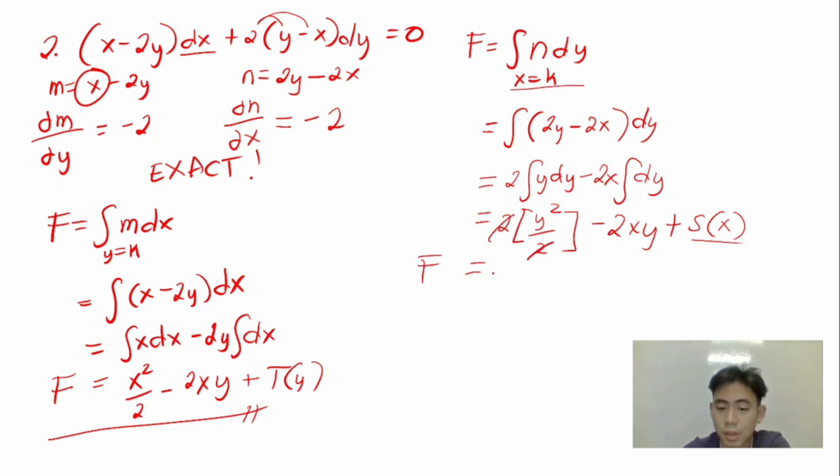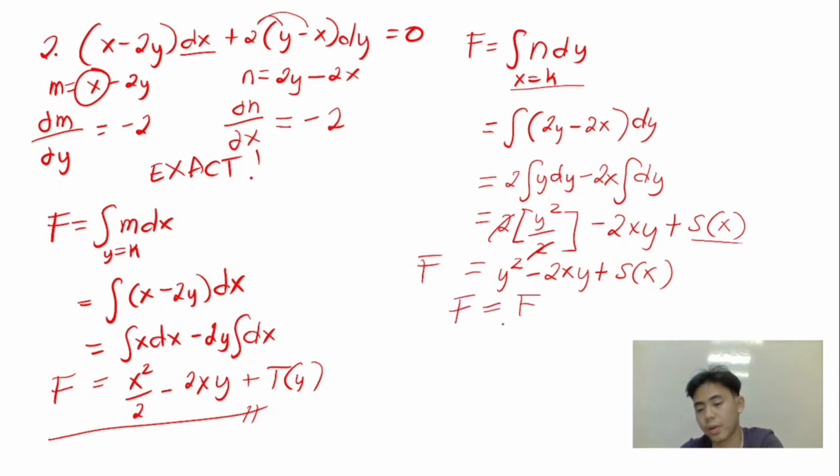F now is equals to y squared minus 2xy plus s of x. Since nahanap na natin yung second f, set na natin yung condition that f is equals to f. Ang pagset niyan, dapat nahanap nyo na yung dalawang value ni f.